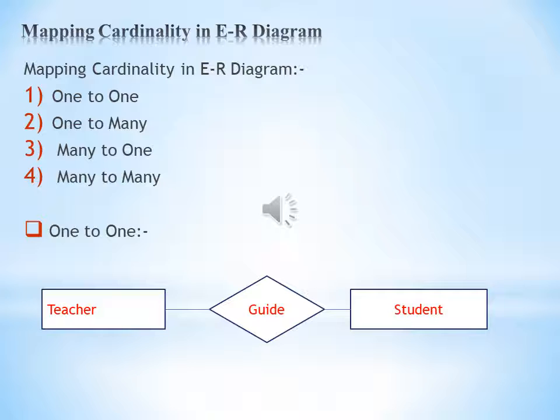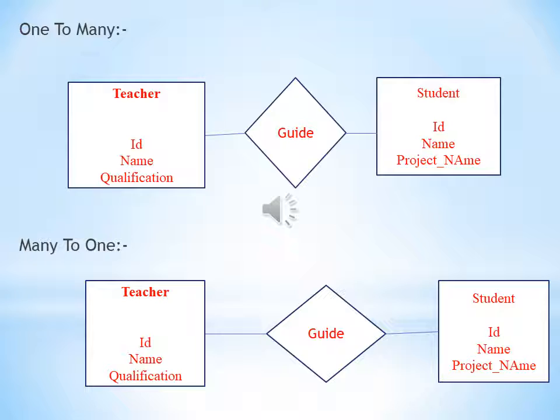Take two entities, the teacher and the student; the relationship between them may be that the teacher guides the student. The mapping cardinalities in the ER diagram: the first is 1 to 1. The figure shows 1 to 1, where a teacher guides a student. This is the 1 to 1 mapping cardinality. Next is 1 to many.